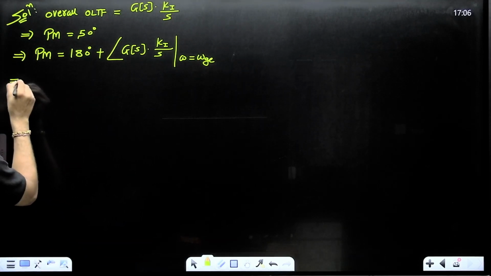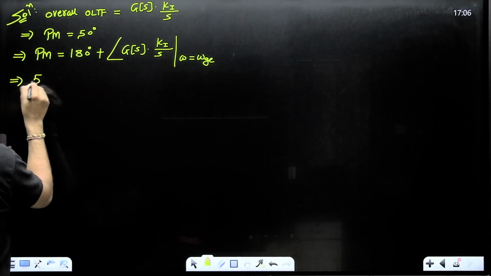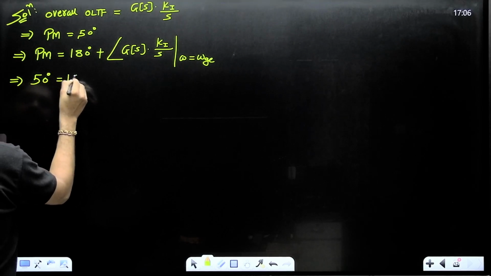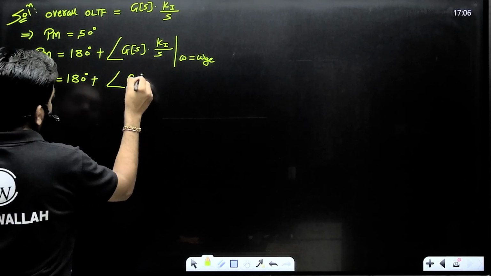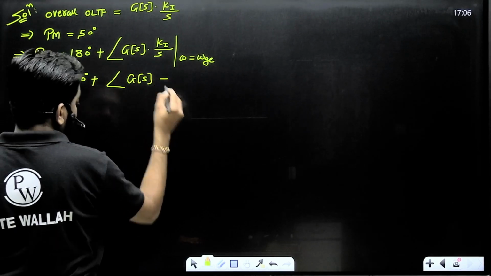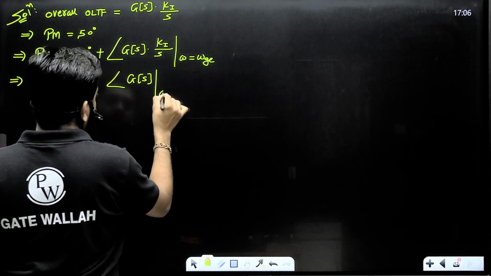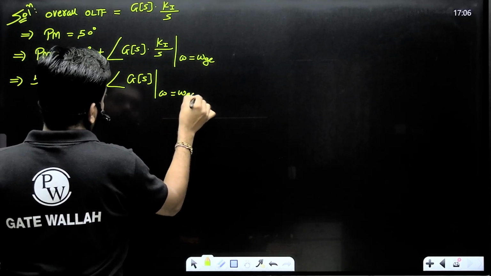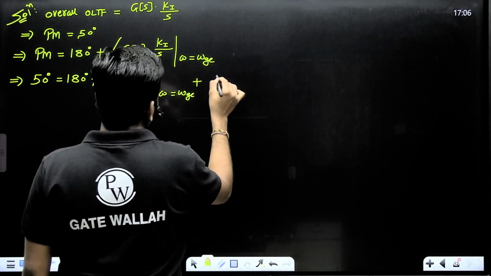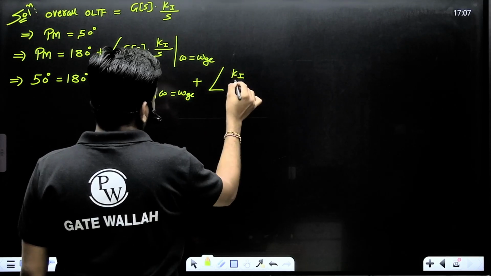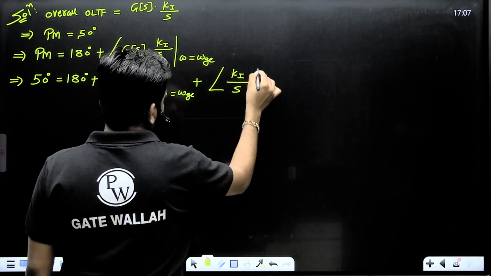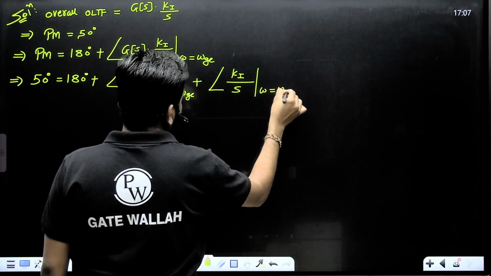So 50-degree is equal to 180-degree plus the angle of G(s) at omega equal to omega GC, plus the angle of Ki by s at omega equal to omega GC.